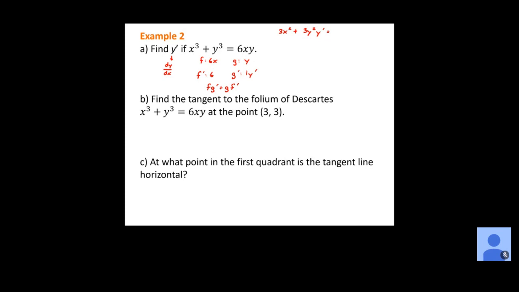So if we come back over here now, that's going to give us 6x times y prime plus y times 6. So that's the differentiation step, right? We've taken the derivative of everything we've got in that equation. Now what do we have to do?